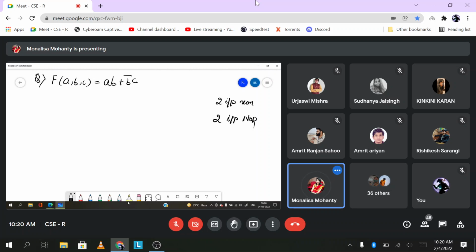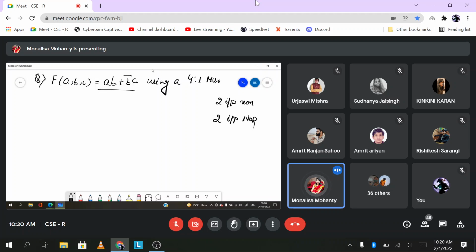So here f is given as ab plus b complement c. Implement this using a 4 cross 1 mux. Okay, everyone. Now, whenever you have such an example, please check whether you have the function as the summation of the minterms.